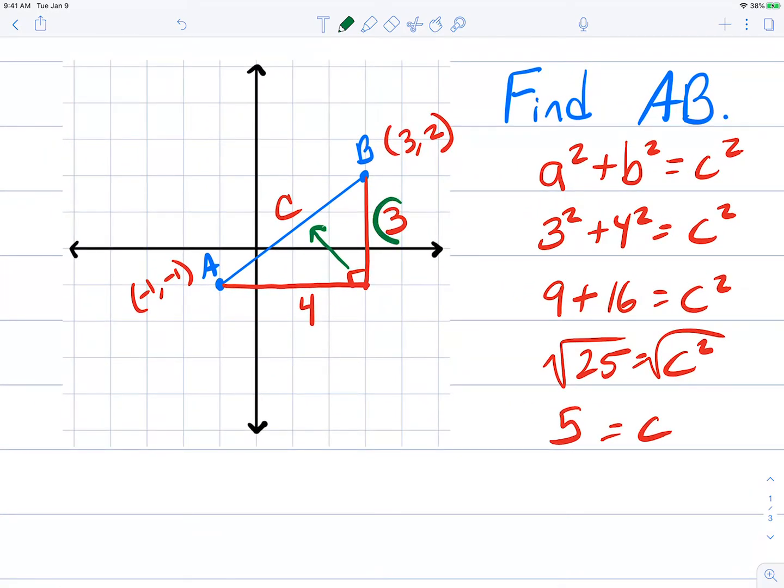The 3, this leg, came from the distance going up and down from B to A. So this is going in the direction of the y-axis. If we look at our y numbers, we have a 2 and a -1. If I find the difference between those, and remember difference is a subtraction problem, 2 minus -1 equals 3.